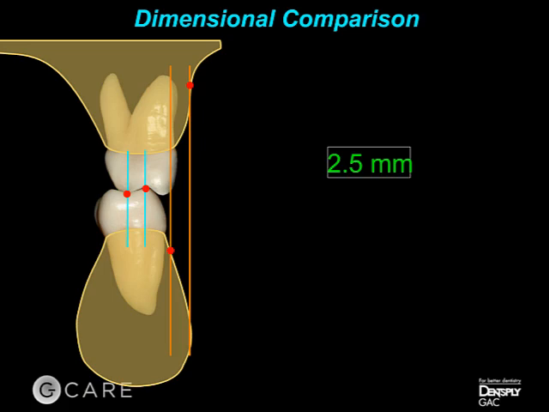And it so happens that when you have that relationship, the horizontal distance between the mucogingival junction and MX is also roughly 2.5 millimeters in an ideal situation, which we will get into in a few slides. But for right now, let's just focus on this distance, which is roughly 2.5 millimeters.